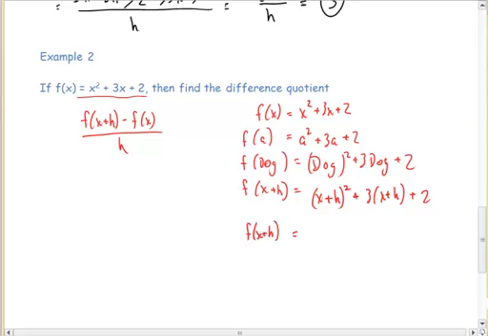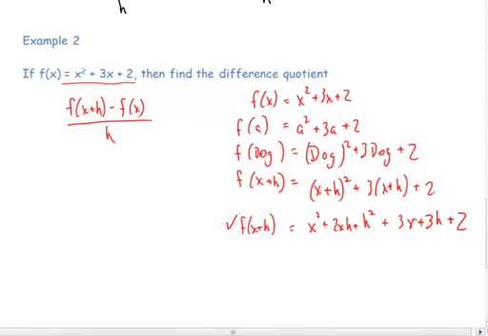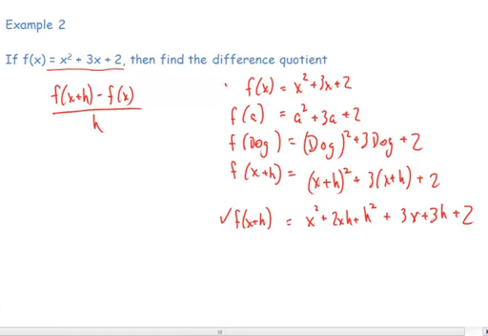and we would FOIL this and get x squared plus 2xh plus h squared plus 3 times x plus 3 times h plus 2. We take this quantity and subtract it. We subtract from it this quantity, so we write that out as x squared plus 2xh plus h squared.